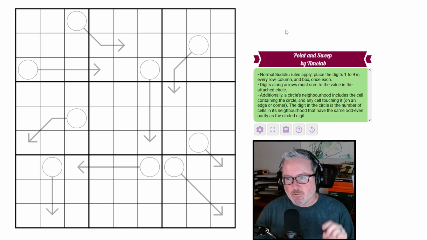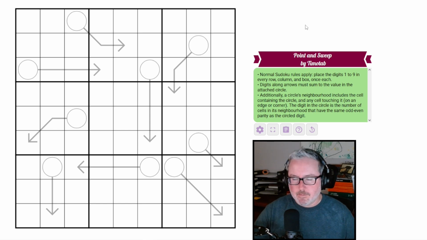So the digit in the circle is the number of cells in its neighborhood. Maybe not. No, I think it does imply that you're including the circle as well, because the circle's neighborhood includes the cell containing the circle and any cell touching it. Okay, that's what we're going to work off of.